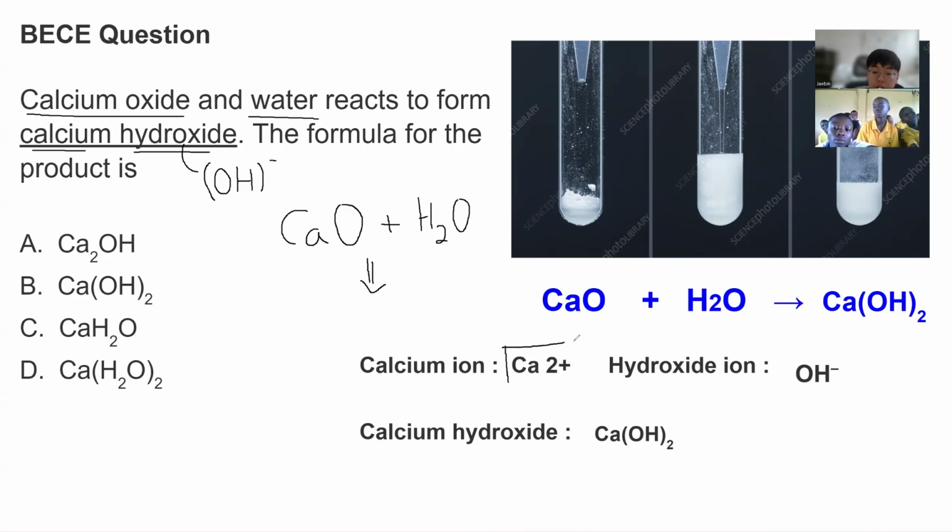Calcium ion has a 2 plus charge. How do I know a calcium ion has a 2 plus charge? You can look at the periodic table. Calcium is on the second column of the periodic table. That means it'll form 2 plus.